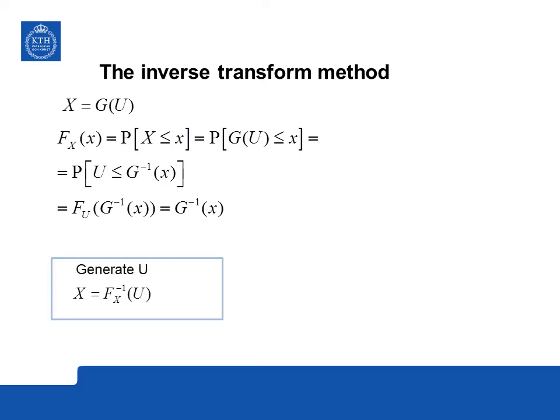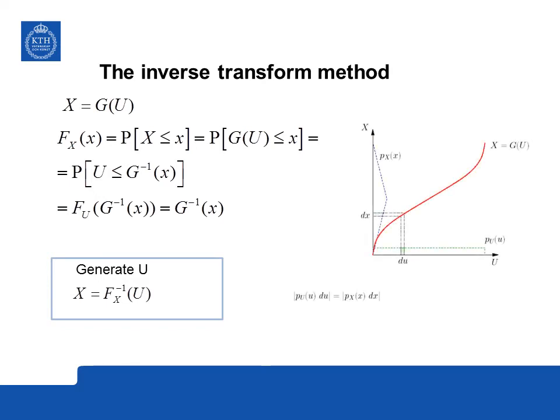Our method will be that we generate a uniform random variable, and then we subject that to the inverse of the distribution function of X, F_X^-1, and that will give us a random variable X that has the required distribution function F_X(x).